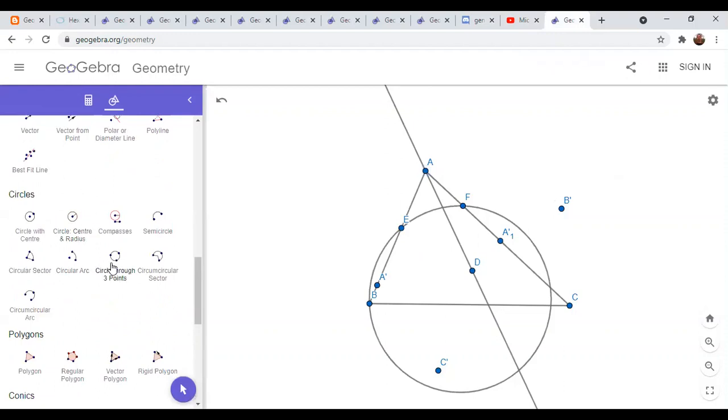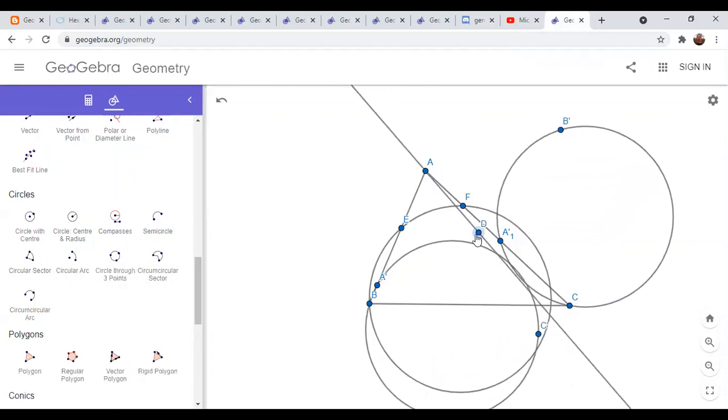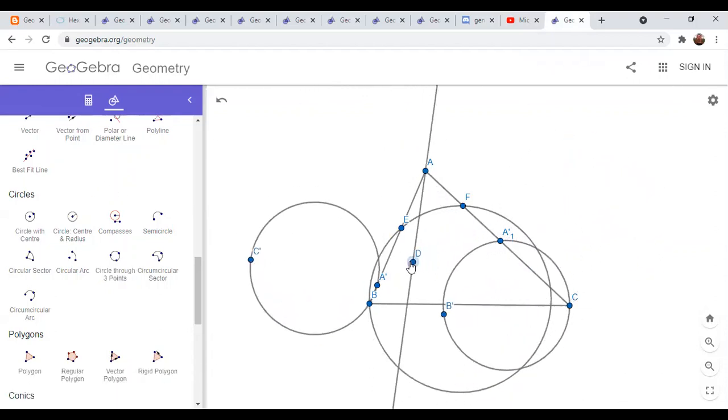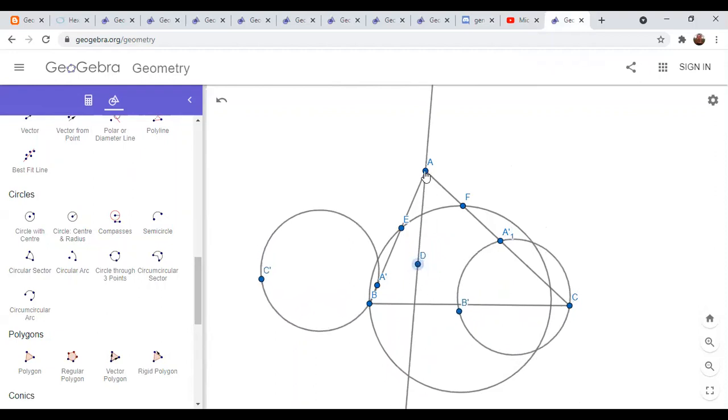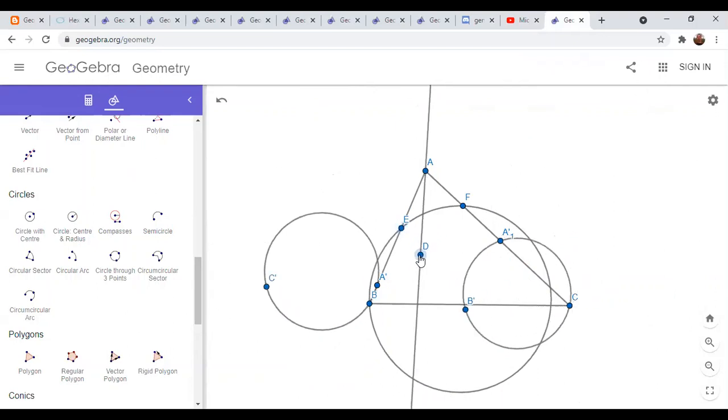Then I draw the circles. Let's see. Yeah, G could have been any point. These circles look like they're always the same size, right? That was irrelevant. It didn't have to be the intersection.